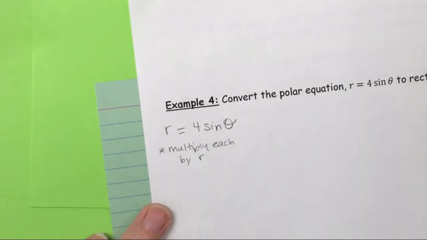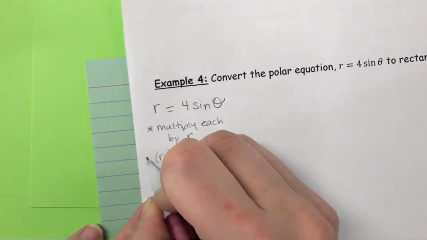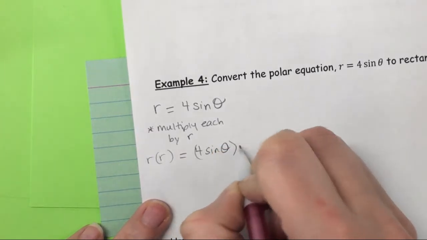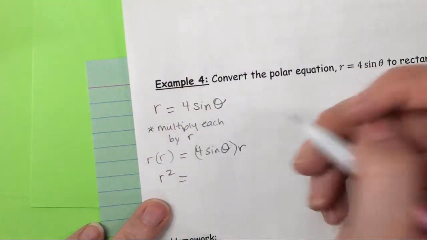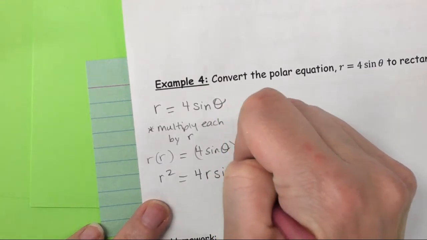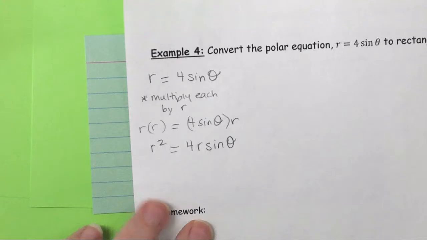Whatever I do to one side, I can do to the other side. So if I multiply each side by r, then I'll have r squared equals, and the proper way to write this would be 4r sine of theta. So all of those are multiplied together, the 4, the r, and the sine of theta.